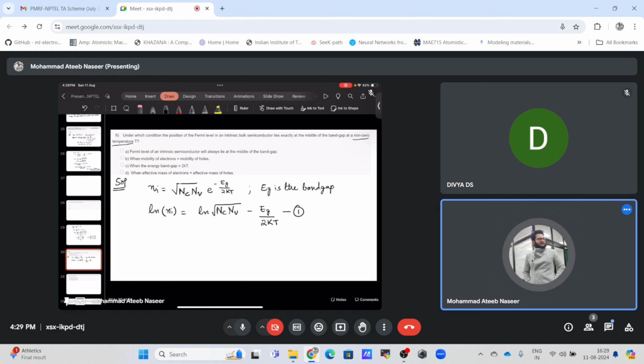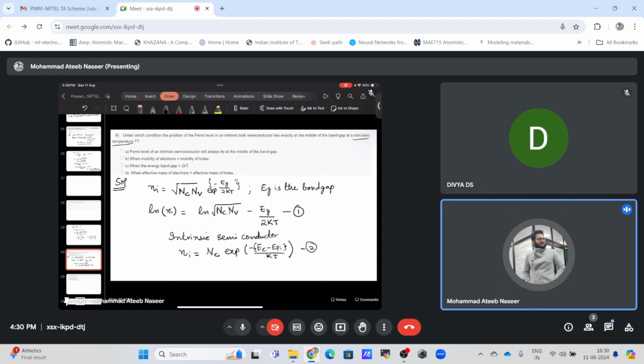And also we know that for an intrinsic semiconductor, this Ni in terms of the intrinsic Fermi level is given by Nc exponential of minus (Ec minus EFi) by kT. I write it as exponential because sometimes it creates confusion whether it's E or exponential. So this is in terms of the intrinsic Fermi level.